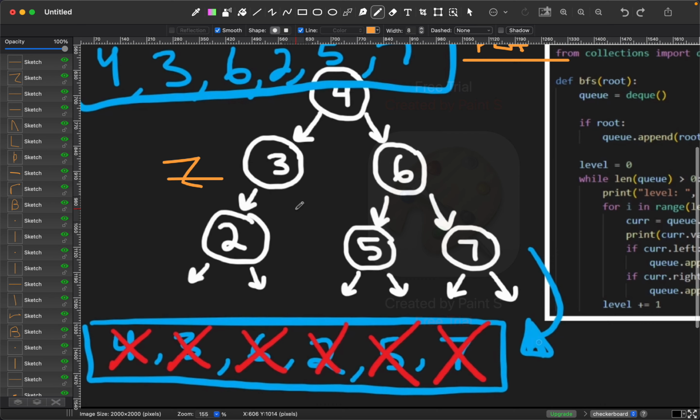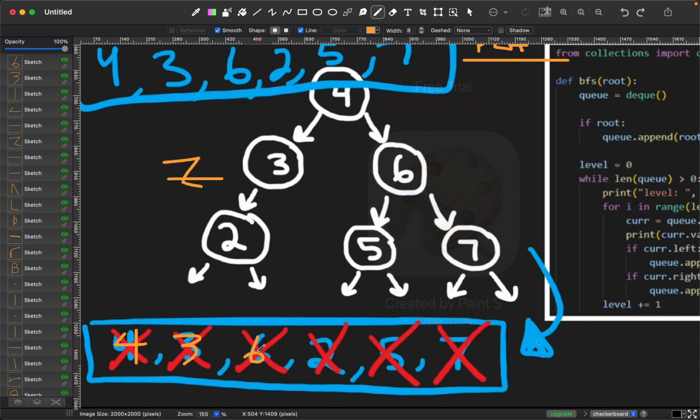First they add the 4, and then left to right, add a 3, add a 6.